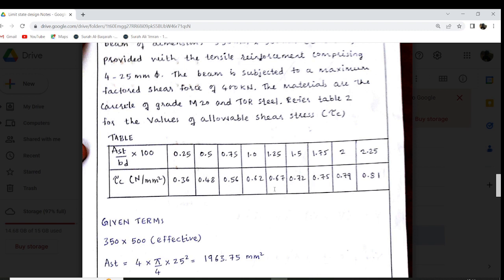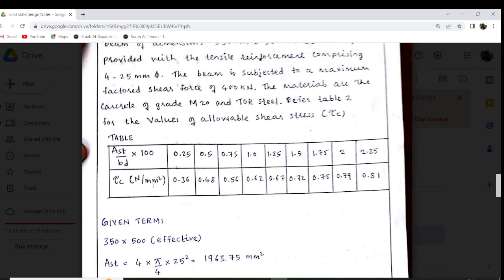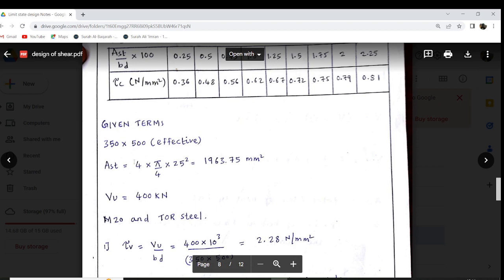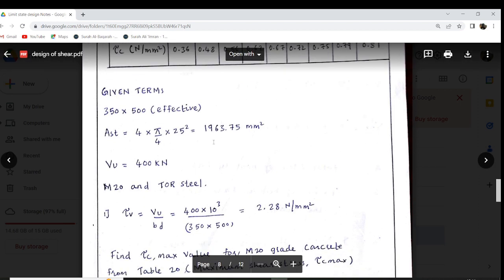Sometimes in the problem itself they will give you the table, and from that table you have to find the value of tau c. Okay, for M20 grade concrete they will give you the value of PT for different value of tau c. So effective cross section is given to you, AST is given to you, you have to find the AST value.